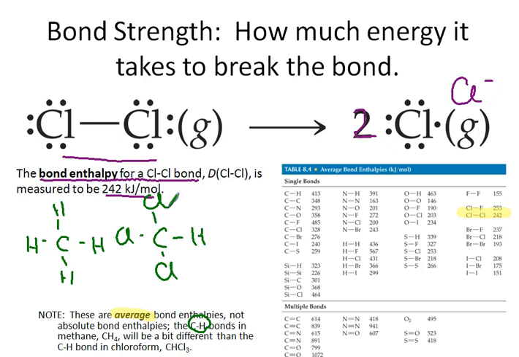The bond strength is going to be different because in this one, there's equal pull on all sides of that carbon. But in this one, there's going to be a different kind of pull because obviously chlorine has a different electronegativity and electron affinity than hydrogen, okay?